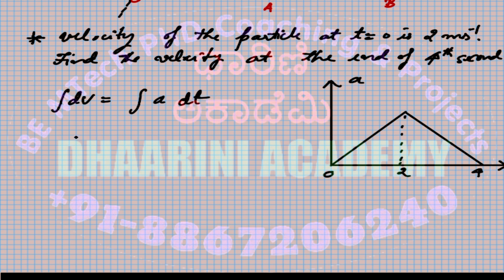So integral dv will give you the difference in the velocities, that is v final, v4, minus v initial, v0, is equal to the area of this triangle. What is the equation to find the area of the triangle?